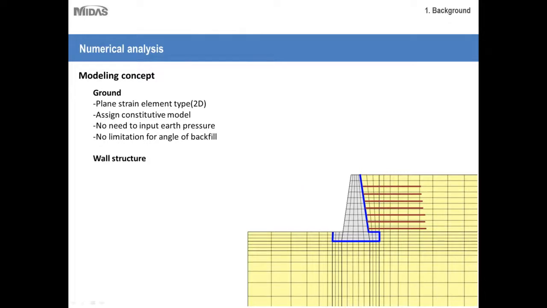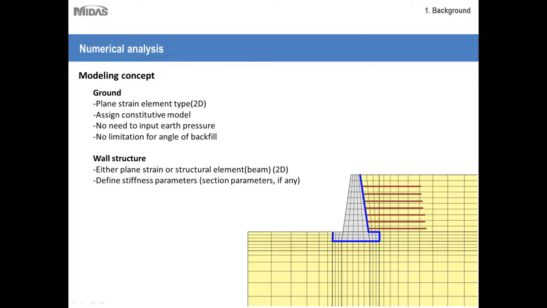Then the second most important component is the wall structure itself. For modeling the wall structure, depending upon what type of wall you are dealing with, if it is a gravity wall, then we would model it as 2D finite elements using plane strain members. If it is, let's say, a cantilever wall, or let's say an MSE wall, then you can model it as a single beam element also.